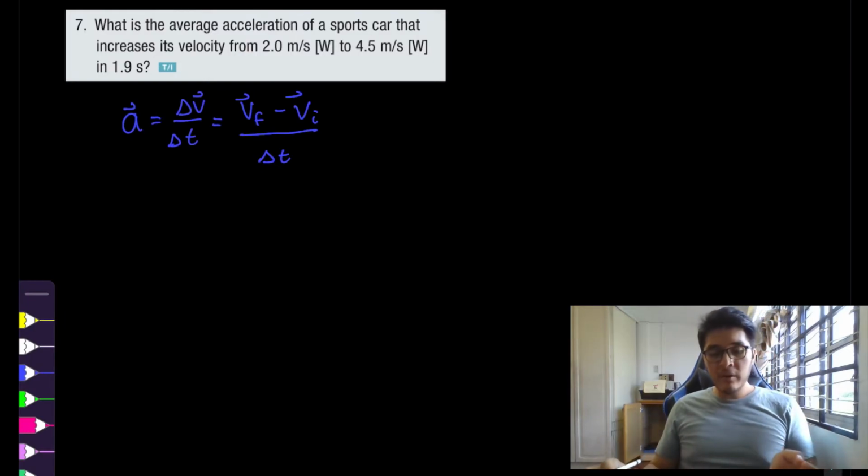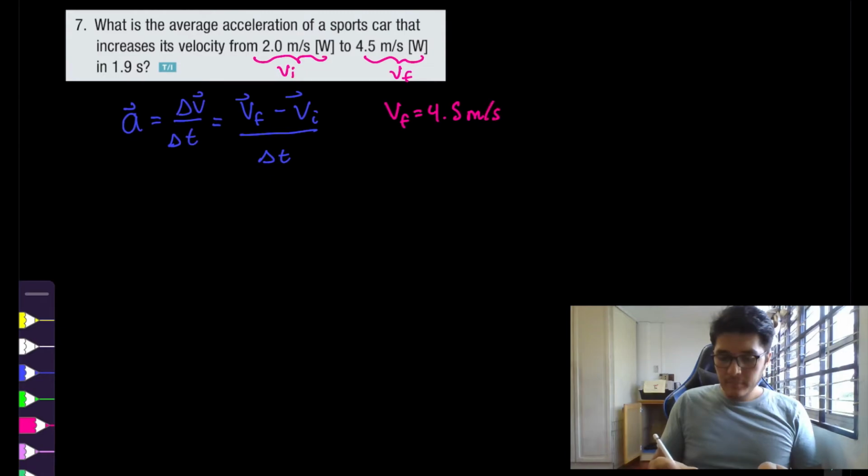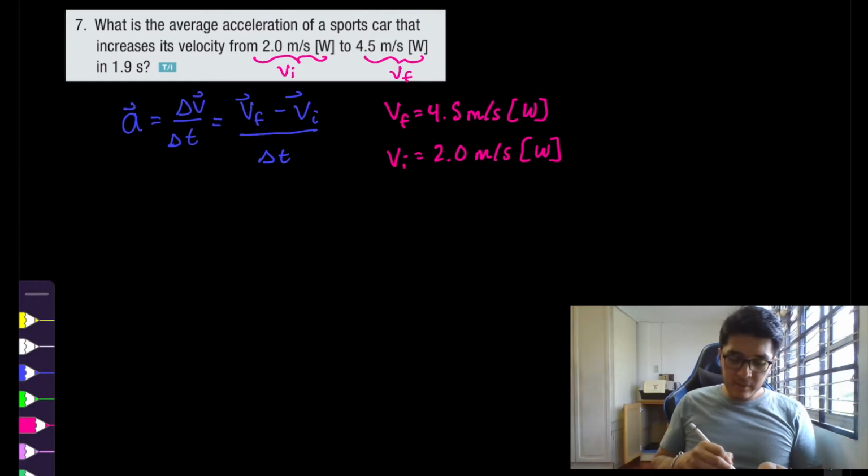So we have a car that increases its velocity from 2 meters per second to 4.5 meters per second. So from is the initial, to will be the final. And it took place during a time interval of 1.9 seconds.